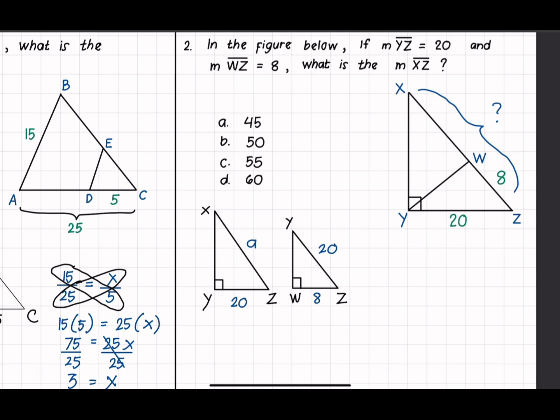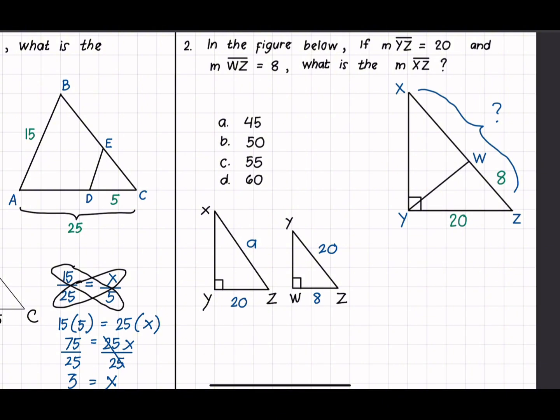Okay. Since these two triangles are similar, we can create a proportion wherein XZ over YZ is equal to YZ over WZ.